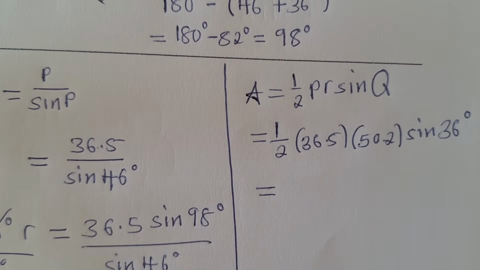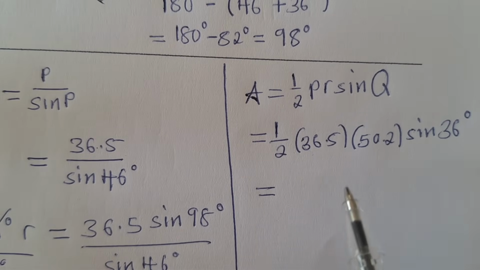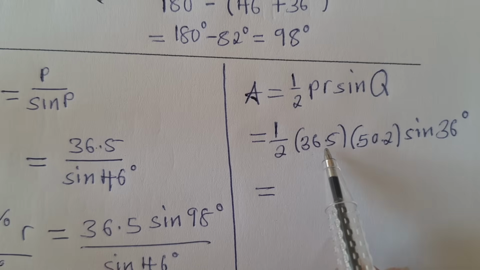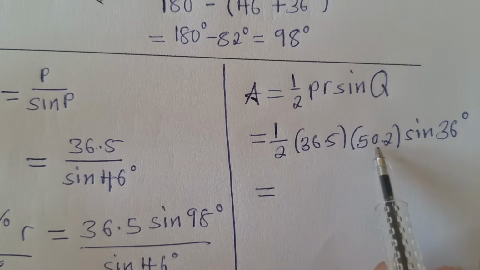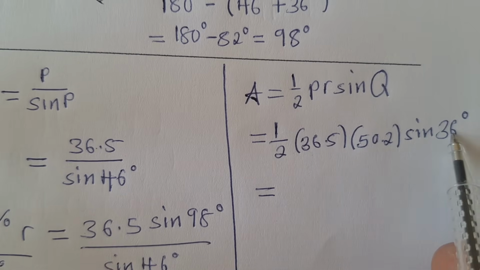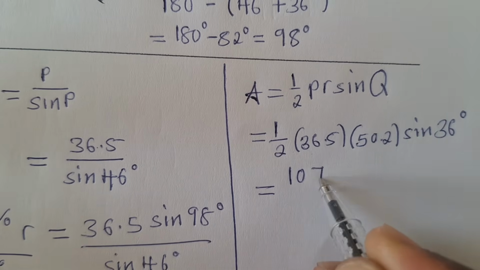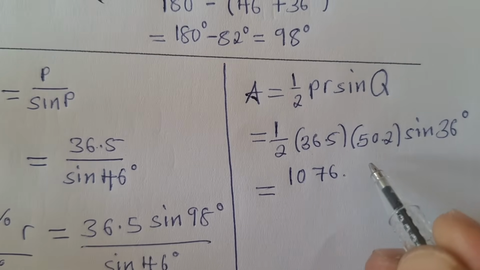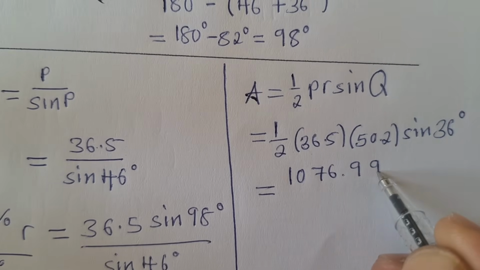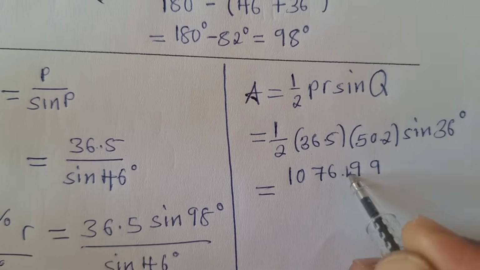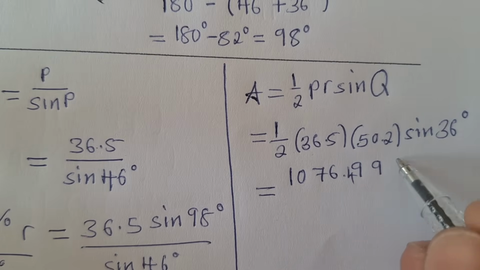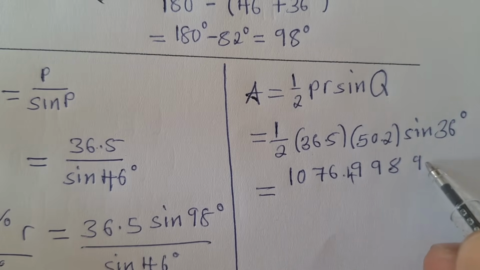So we're going to get our calculator. We punch everything that is on top. So we've got 1 times 36.5 times 50.2 times sine 36 degrees. This is giving us 1076.99. Actually, it's a 4 here. 1076.4998918.